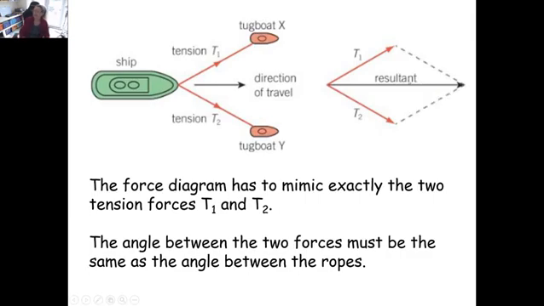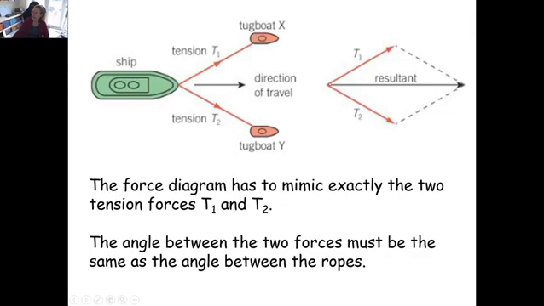And then what you do is something called the parallelogram of forces. So you turn your two vectors into a parallelogram, and you do that by taking this vector and drawing a parallel line here, and you draw this vector and you draw a parallel line there.